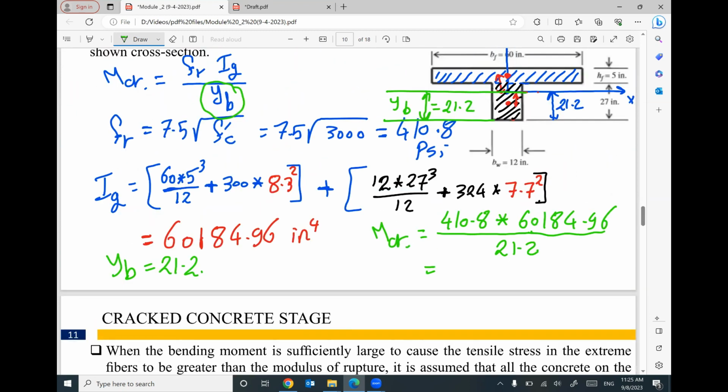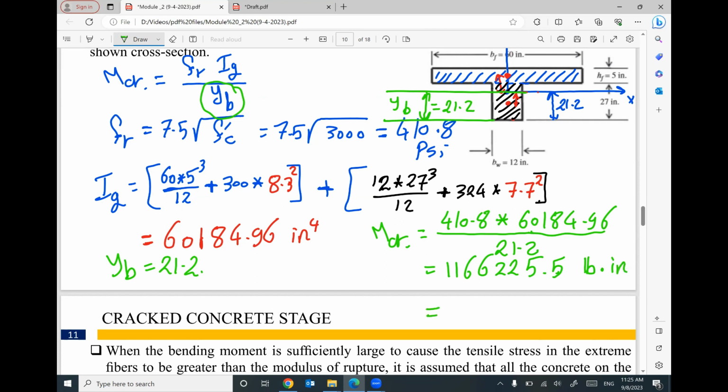I will get it, just a second. Your number will be something very big, 1166.22.5. Do you remember what the units of this value were? Pound inch.